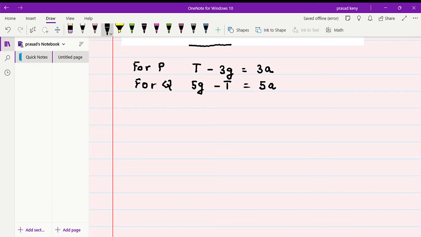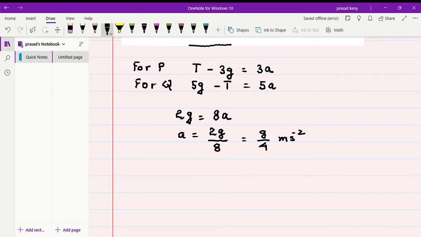So you'll add and solve these two equations so that T and T will get cancelled. So 5g minus 3g is 2g, and that is equal to 8a. So the acceleration of the particle is 2g upon 8, that is g upon 4 meter per second square.